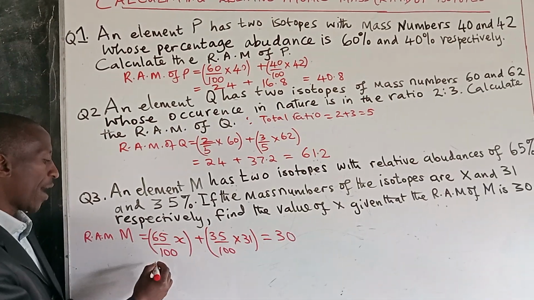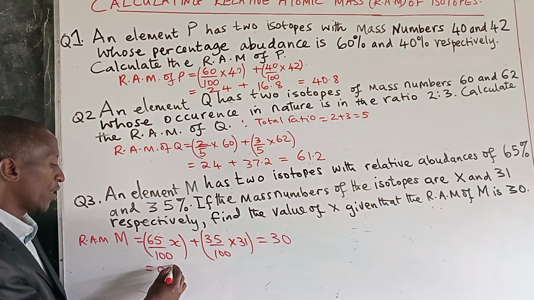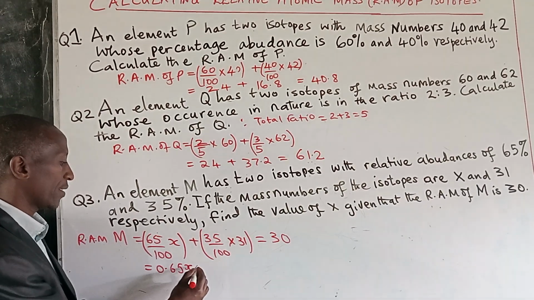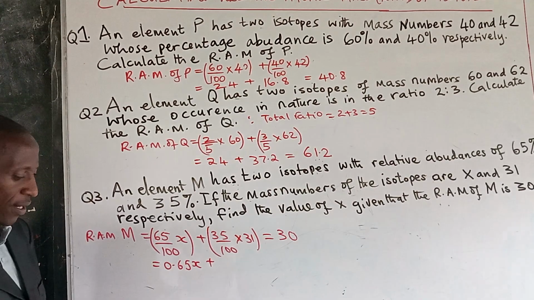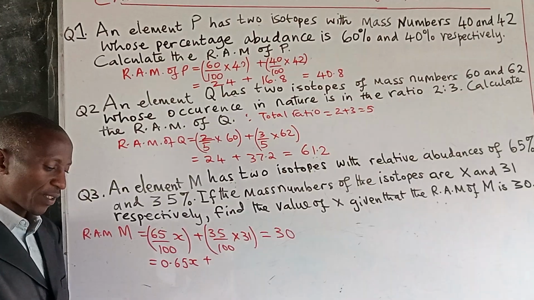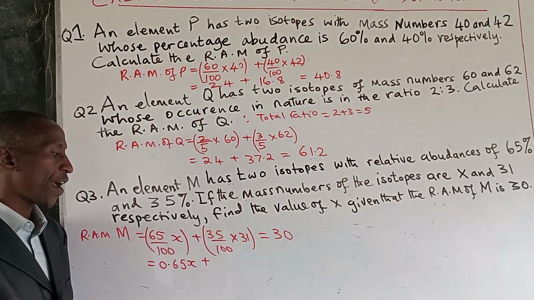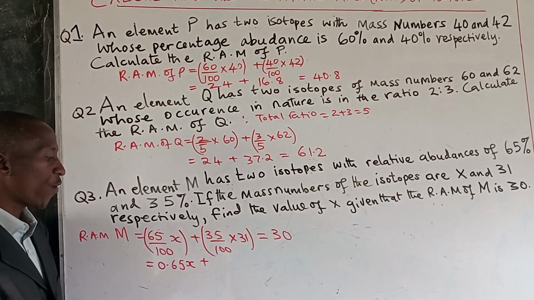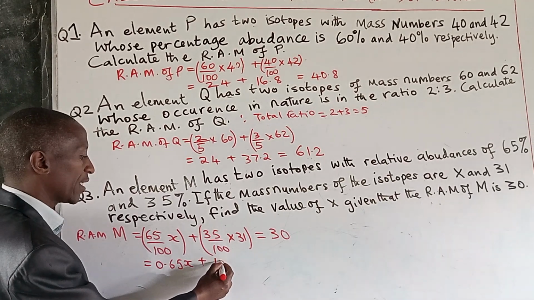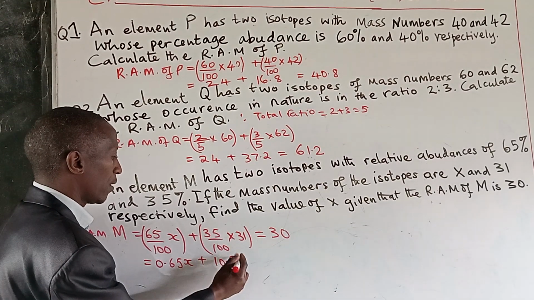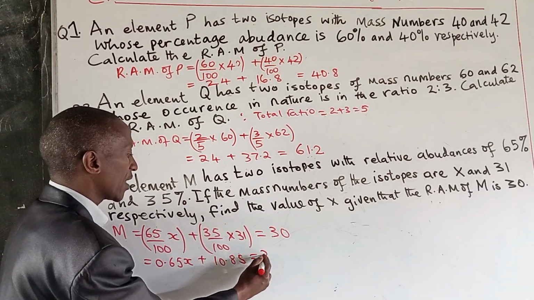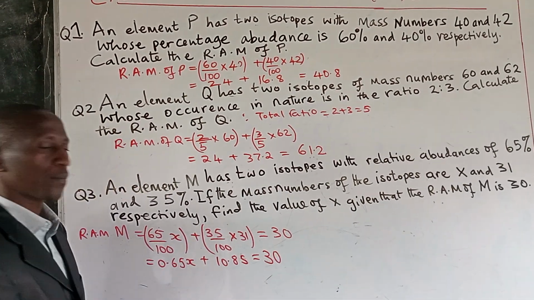So 65 divided by 100 is 0.65x, added to 35 times 31, which gives 1085. 1085 over 100 comes to 10.85, and that is equal to 30.